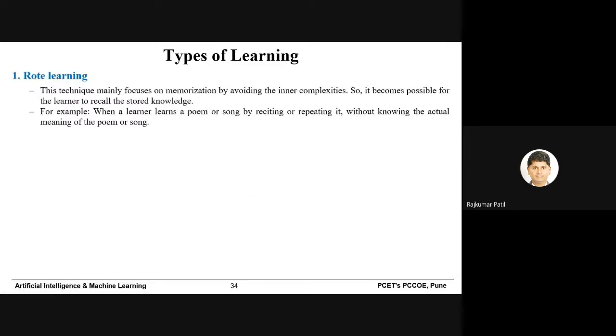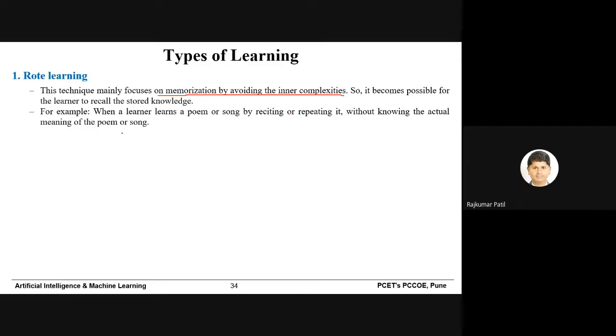Then we will go to types of learning. The first type of learning is rote learning. This technique mainly focuses on memorization of things, and it will not consider the inner complexity, so that the things can easily be stored.